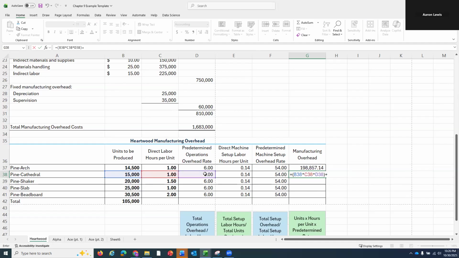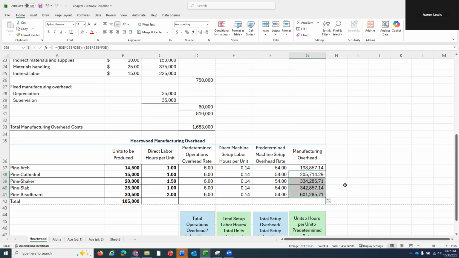And to it, I'm going to add in another set of parentheses the number of units that we are producing times the quantity of the driver machine setup labor hours that we're using for the allocation from the machine setup pool times the $54 per hour. And it looks just like it was above. When I put all that math in, I come up with $205,714.29.